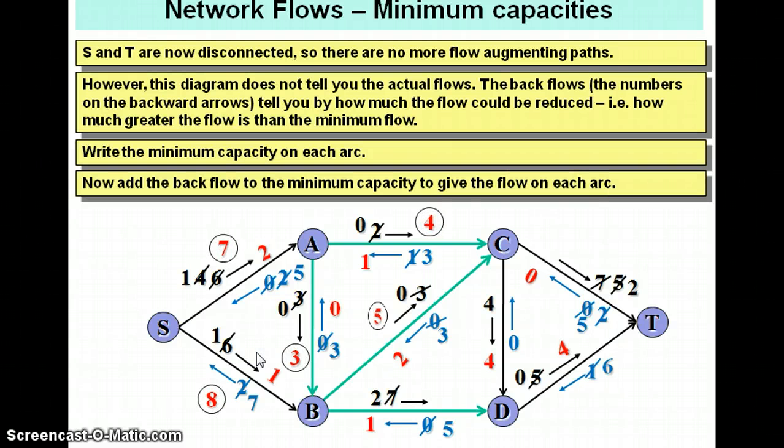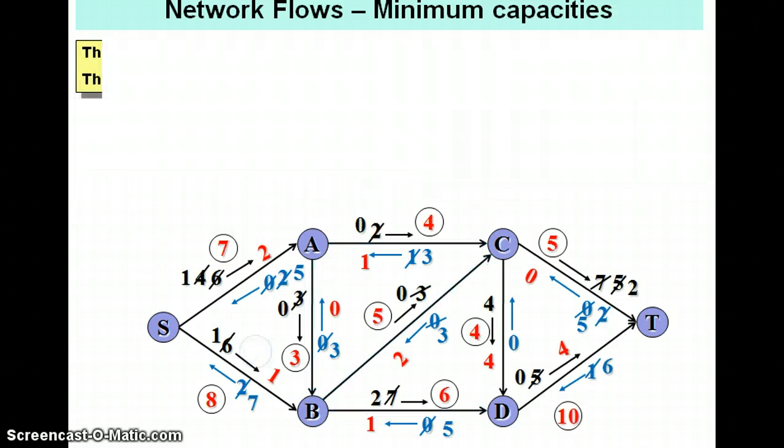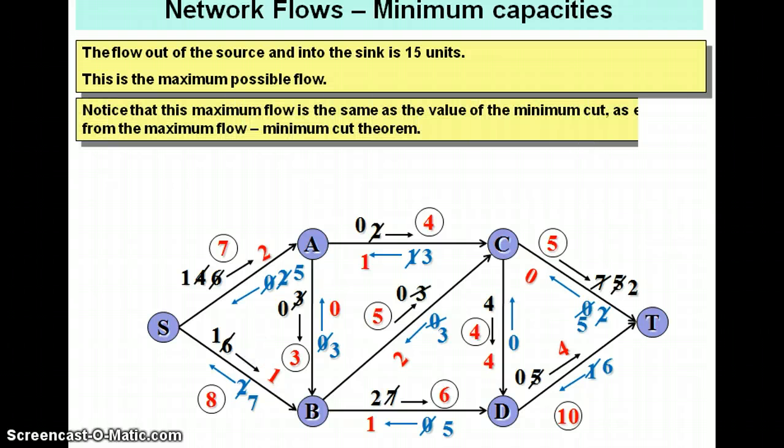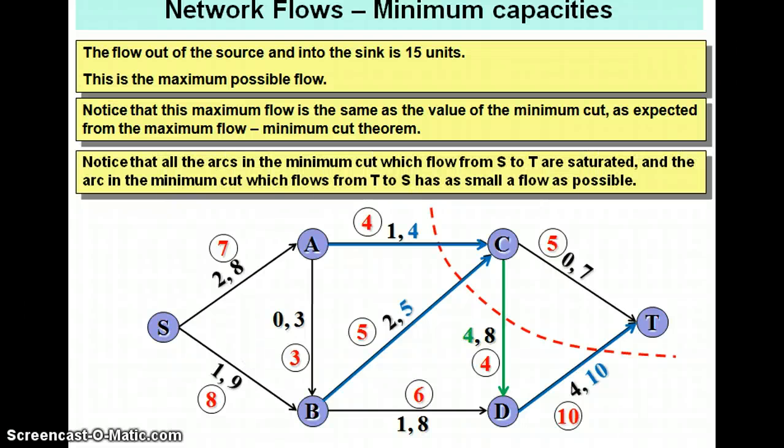So there we can see our actual flows through each arc, and we can see that we've achieved our maximum flow as expected. And if we put that back now on the original network with the flows, we can see that we've achieved our aim, and this is what it looks like.